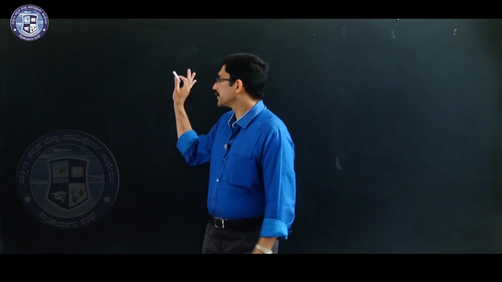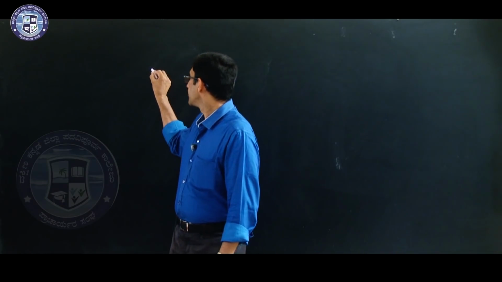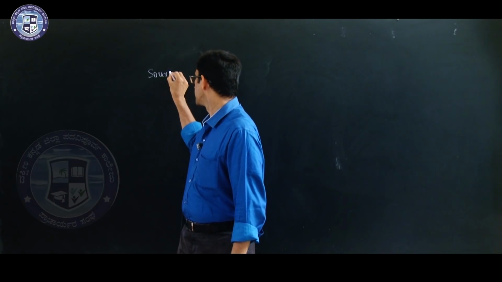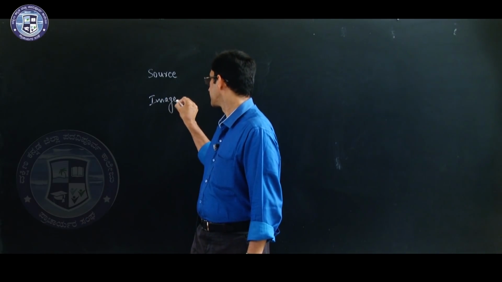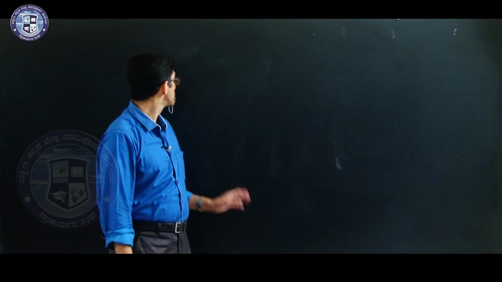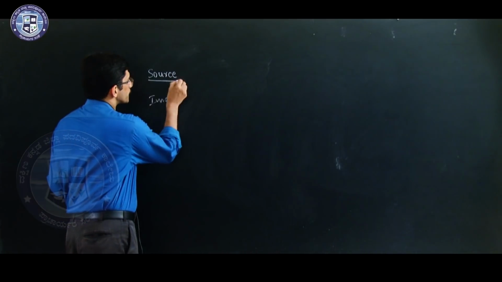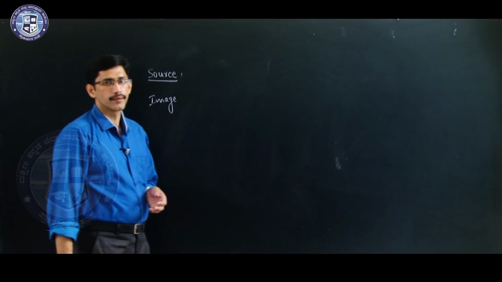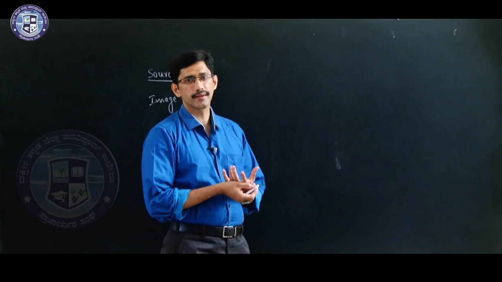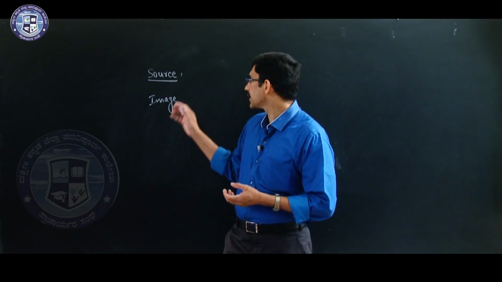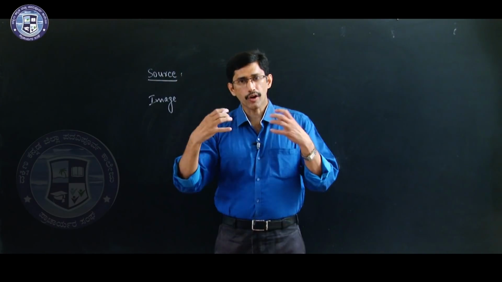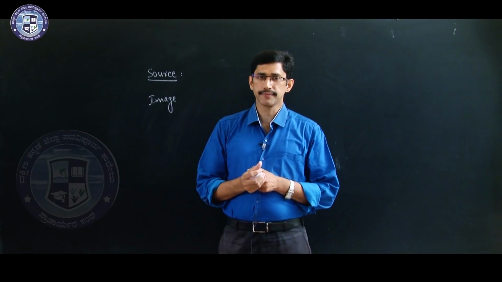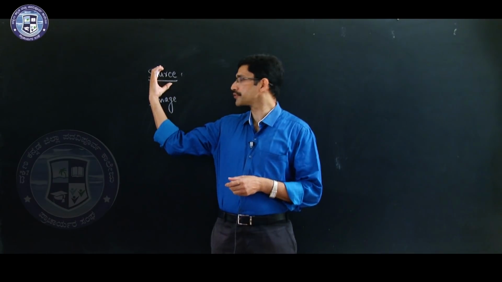Then when we deal with optics, we will come across the terms source and image. So, what is the source? What is the natural source of light? That is sun. Sun is a natural source of light, and the object which gives out light is called the source.